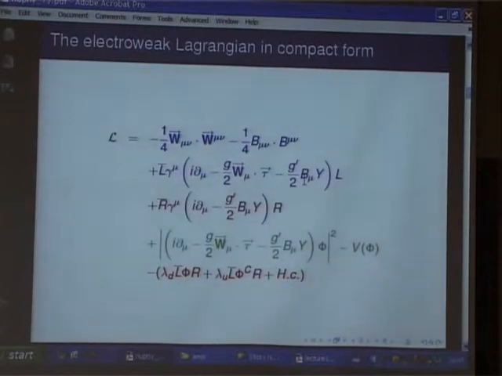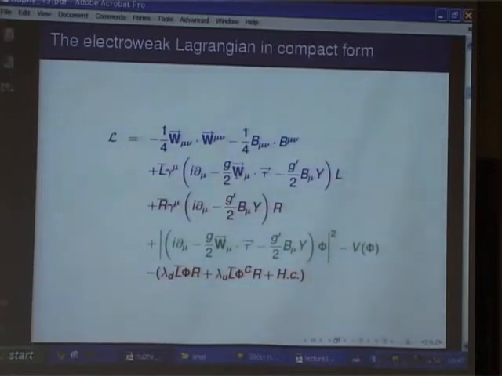Therefore, corresponding to each gauge group, there will be one or more of these particles. B is the gauge particle which corresponds to this U1Y. Again, we will come to how it comes. This is just an introduction to the other parts. So B is the gauge particle corresponding to the weak hypercharge.